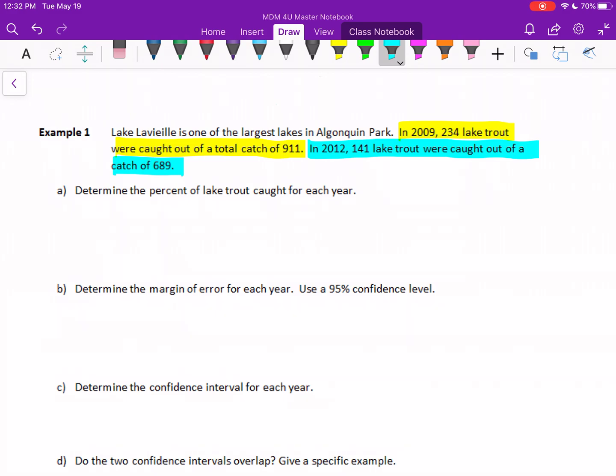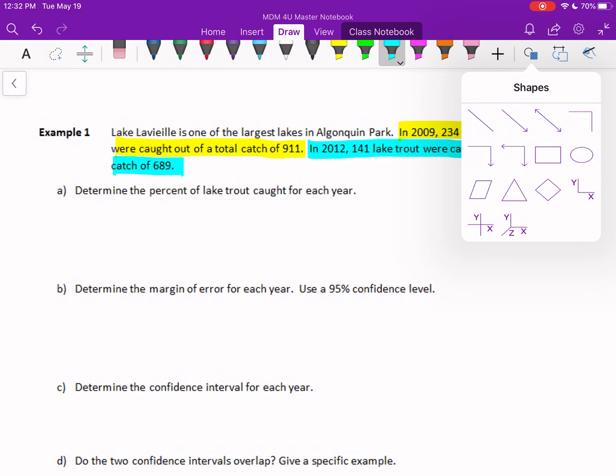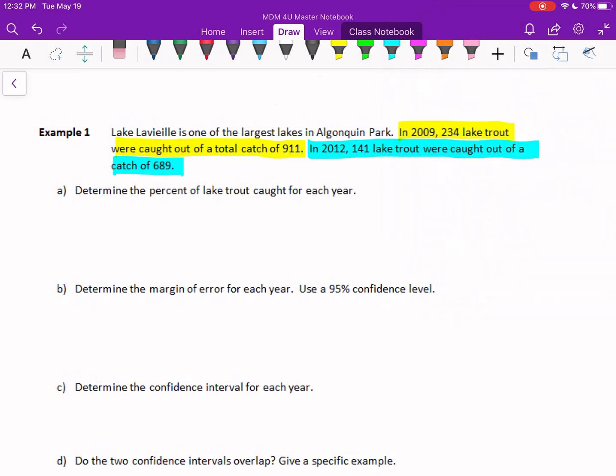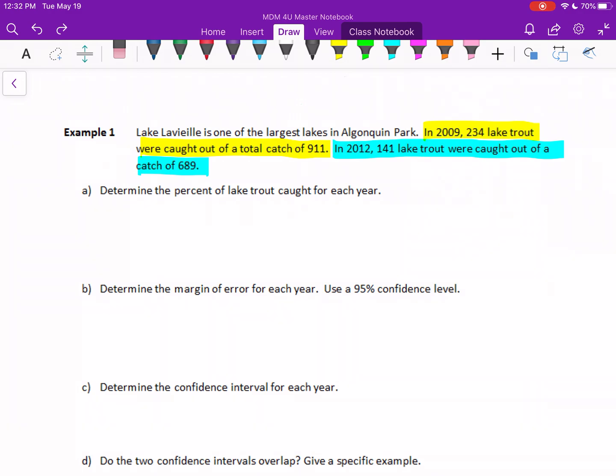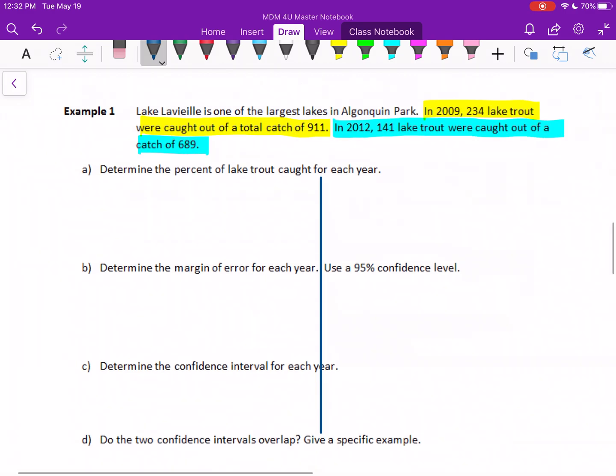Okay, so I'm going to separate this into two sections. I'm going to have to do two calculations for each of the next few parts, so I'm just going to draw a line down the middle so I can separate them. We'll do 2009 on the left.